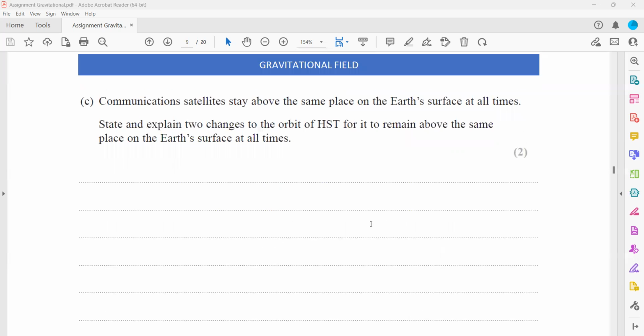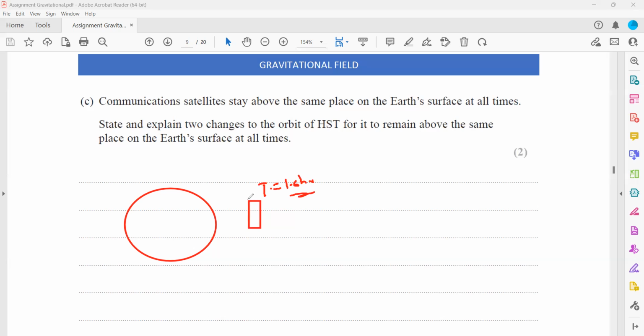Like in this case, the Hubble Space Telescope, we want its time period, which we worked out as 5,755. If you convert 5,755 seconds into minutes, you divide by 60, it's about 95 minutes, and you convert into hours. So the time period is about 1.6 hours.